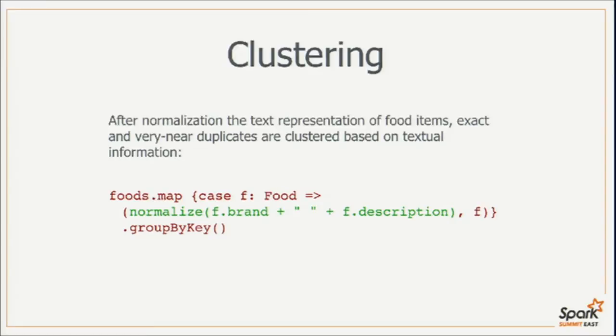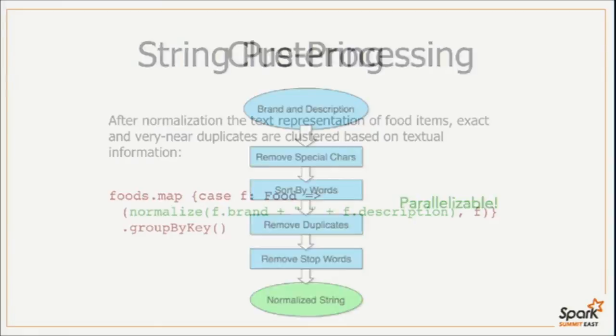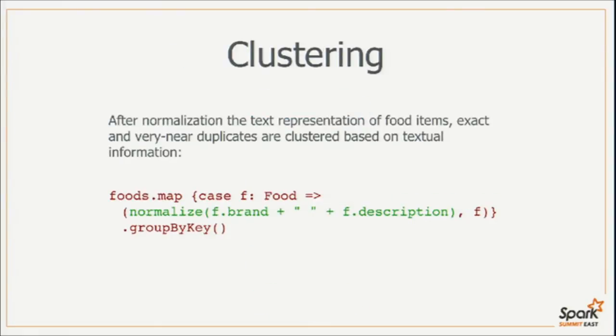For the next step, to construct a subset of the food items with the most accurate information, we had to run some type of clustering on the food items in the database. To do so, given the normalized strings created in the previous step, we treated the normalized string as the key of the pairs in a new RDD.